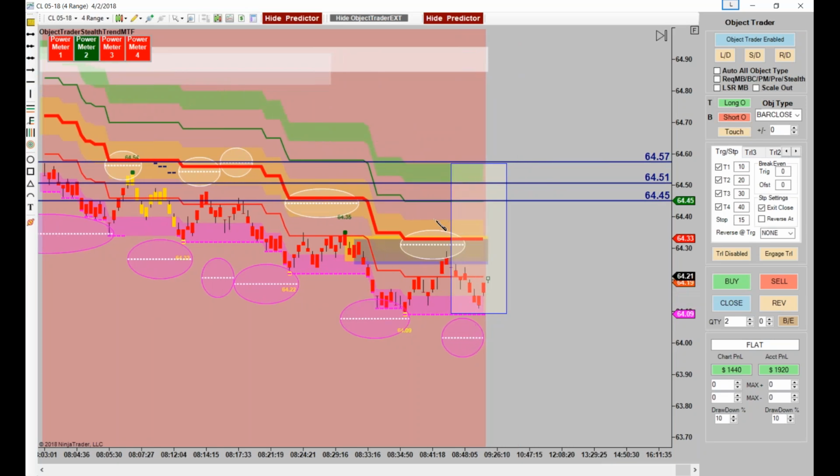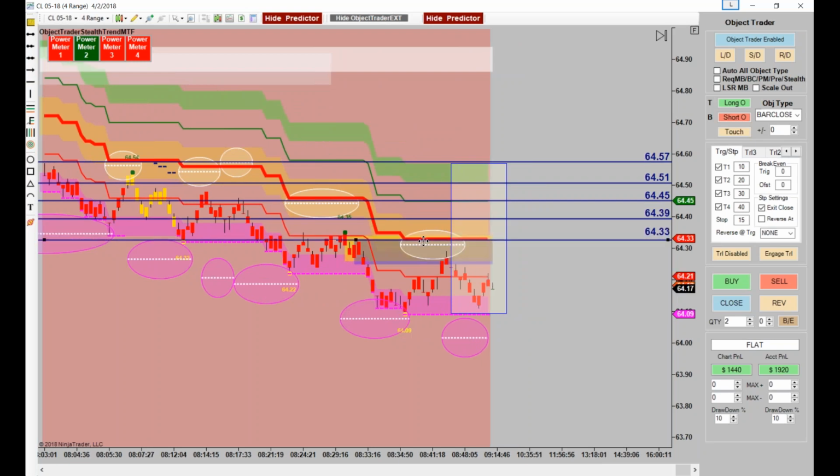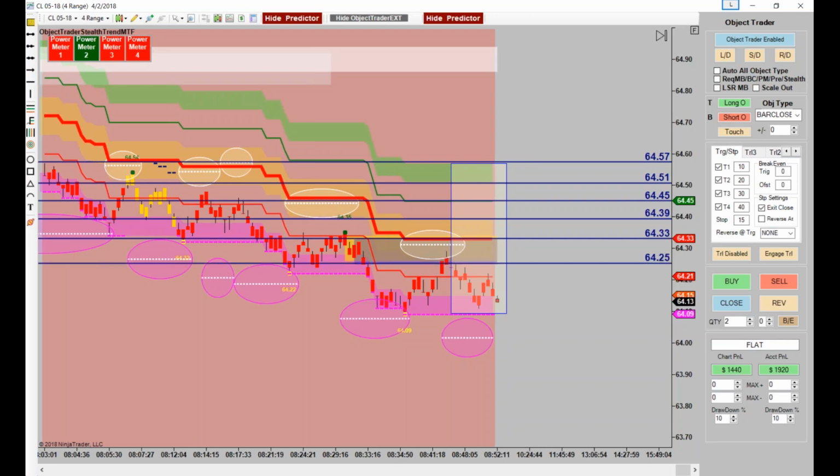Then you got this band, and I'm going to draw the lines on each one of them so that you'll be able to see them, and then I'm going to explain how they work. Can't see that one as easy, but it's got to be 6 ticks, so it's right at 27.